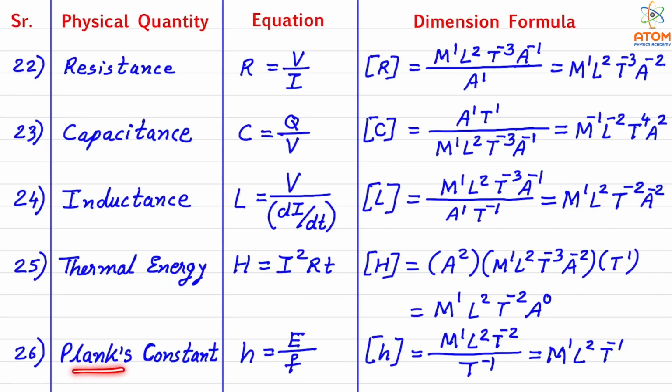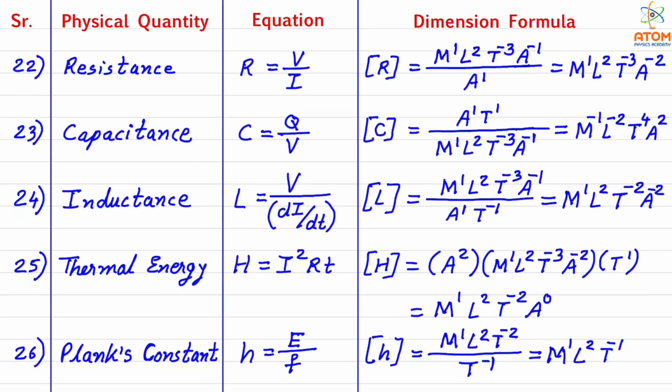Then comes Planck's constant. Planck's constant can be sought out from a very famous equation given by Planck, that is E is equal to hf. This is of 12th standard, but let me explain this equation. E is equal to hf. It's a very famous equation where h is the Planck's constant.